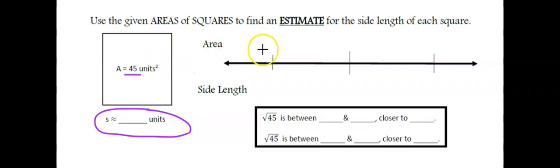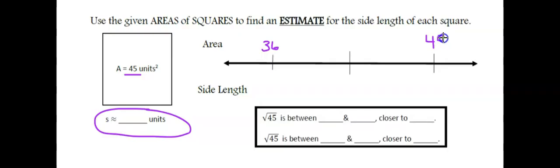So what we're going to start with is that 45 falls between 2 perfect square numbers. That's the first thing we need to figure out. I know that 45 falls between 36, which is a perfect square number, and the next one that follows 36 is 49.